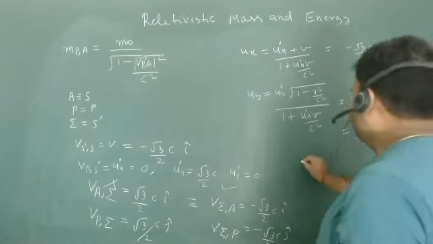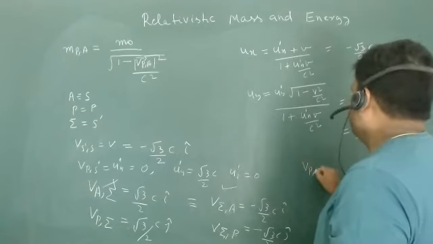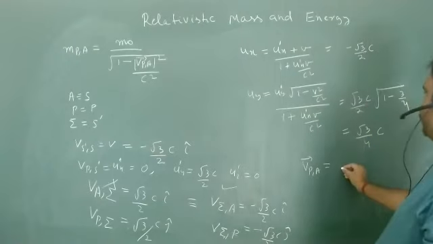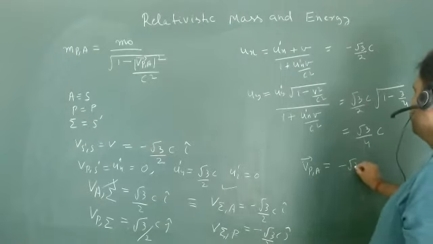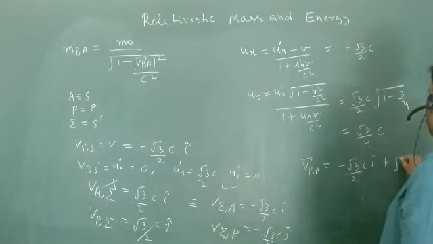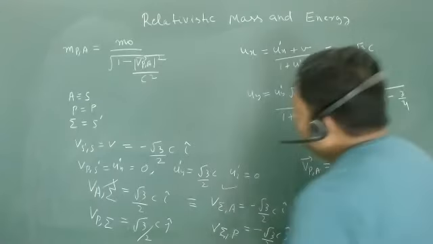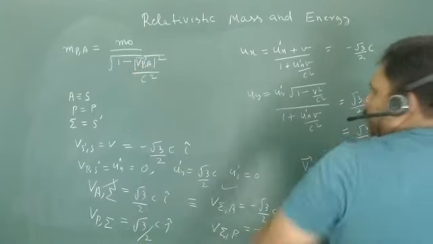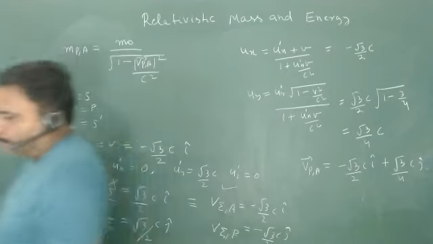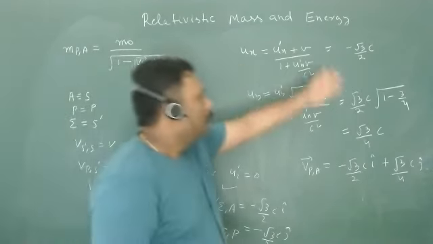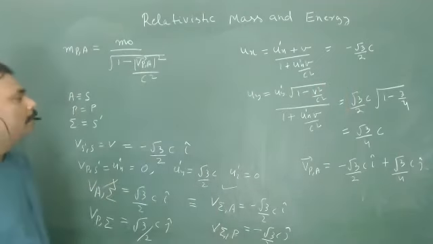The velocity of the particle with respect to A is minus root 3 by 2c in I cap direction plus root 3 by 4c in j cap direction. Here we have to calculate the magnitude of this number. You have to be very careful: you cannot take out only one component and do all the work. You have to calculate this magnitude.